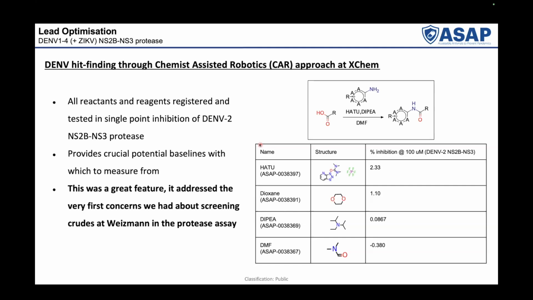And this was key, because you can see in this table here, it was a simple amidation reaction. These are the reagents involved, the HATU activator along with the base type here and the solvent DMF. And basically what this showed is that there was a very low probability that these reagents and solvents had an impact on our inhibition measurement. And likewise was the case with the building blocks, which I haven't shown.